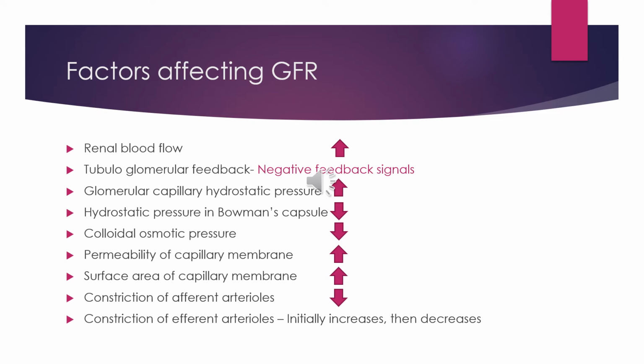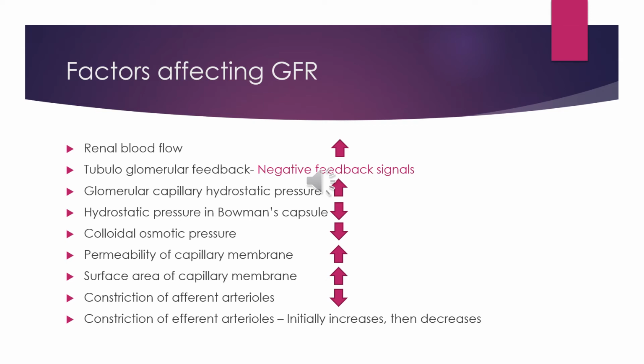And if the concentration of sodium chloride is less, that means the GFR is less, so the macula densa senses the condition and releases substances like prostaglandins, bradykinin, and renin. So these prostaglandins and bradykinins cause vasodilation, permitting more and more blood into the kidneys.